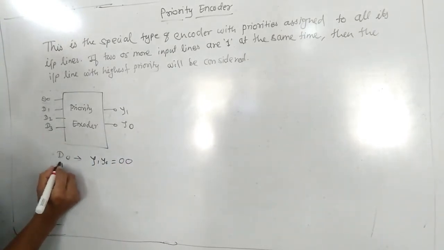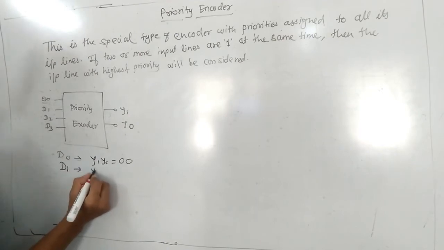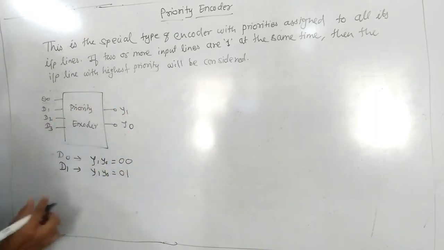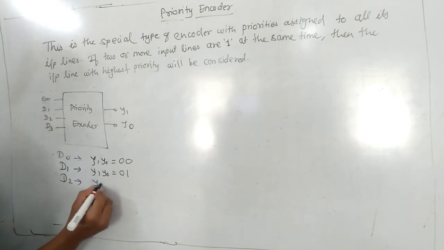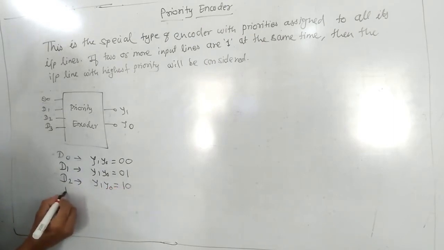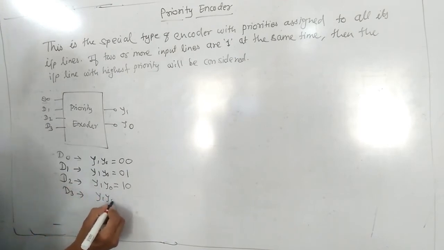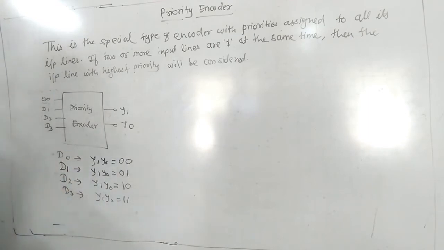If you select D1, then Y1 and Y0 will be 0, 1. If you select D2, the outputs Y1 and Y0 will be 1, 0, and if you select D3, then Y1 and Y0 will be 1, 1.